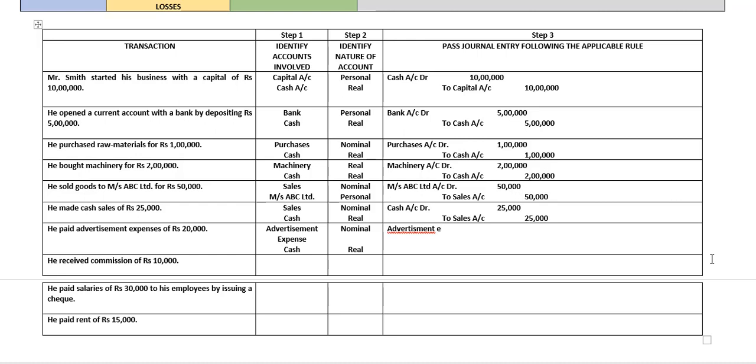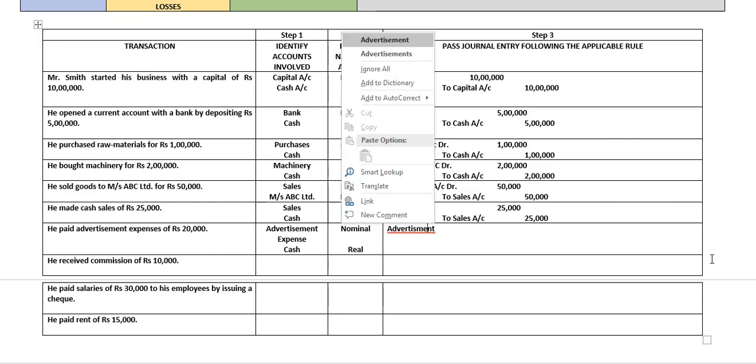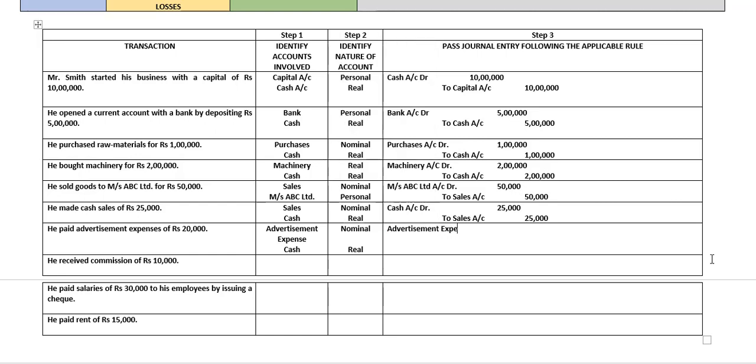Advertisement, let me correct the spelling, advertisement expense. Advertisement expenses account debit with the transaction amount, and another account is cash, which is real, and the cash is going out of the business, so it will be credited to cash account.